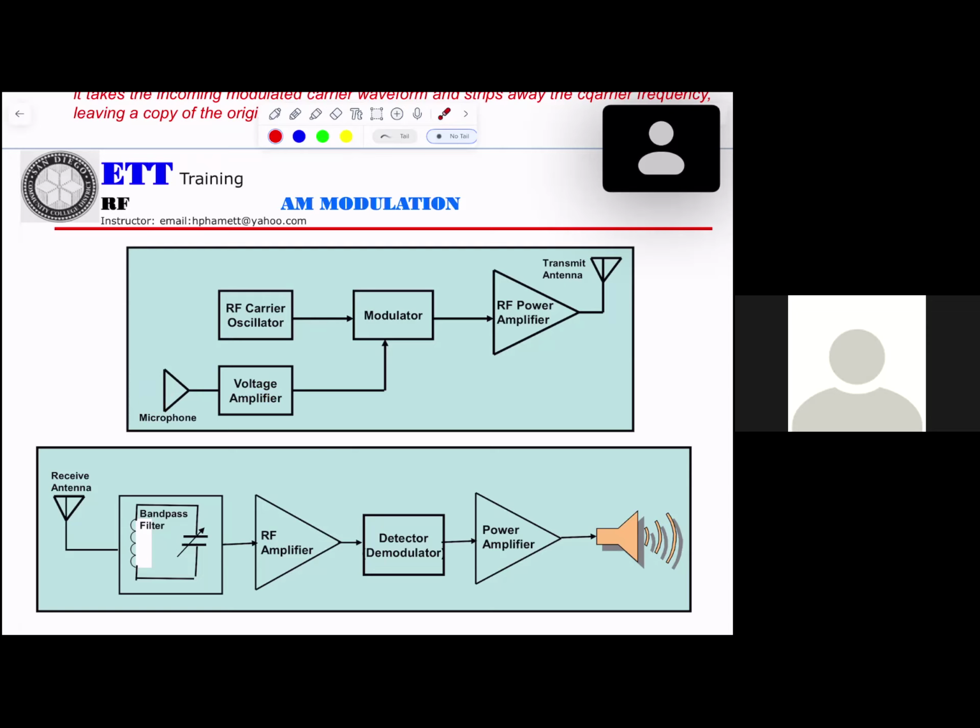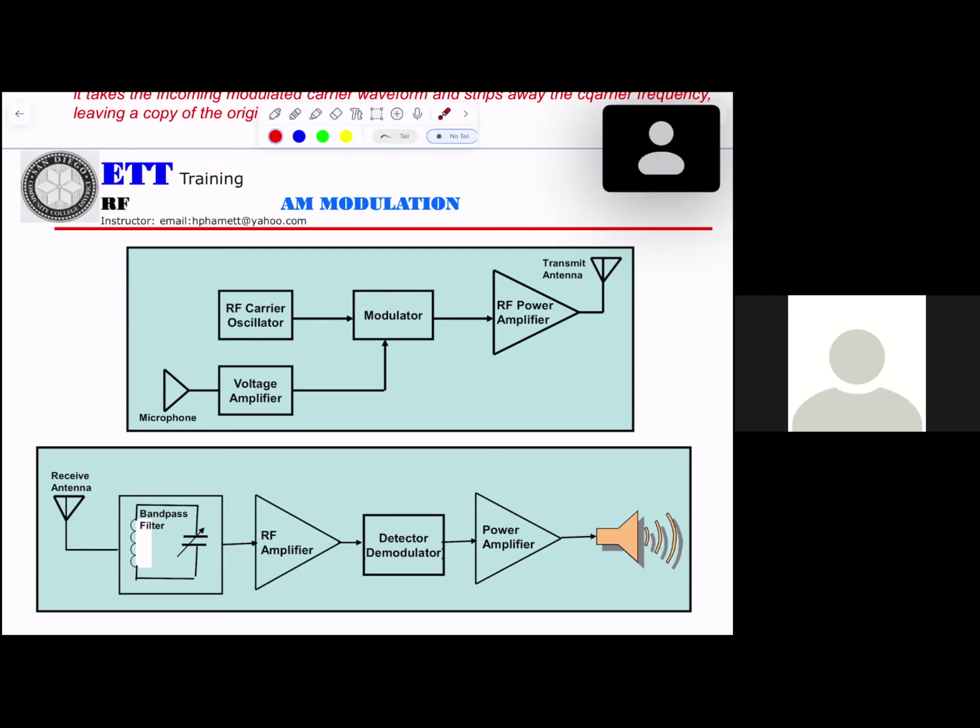Then it goes to what we call a modulator. The modulator gets two signals, one coming from the RF carrier oscillator. You can go into an electronics store to buy any oscillator you want: 1 kilohertz, 1 megahertz, 10 megahertz.